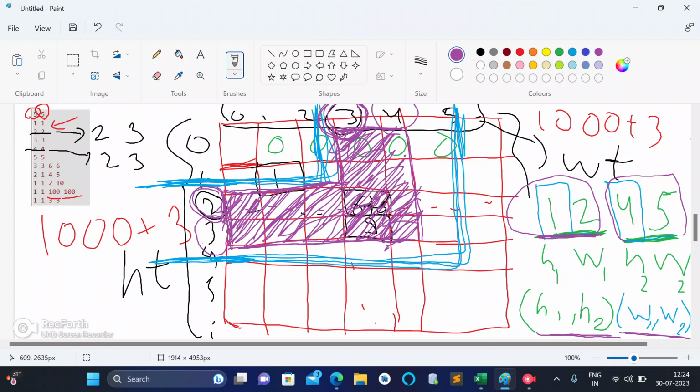Why? Because this shaded area contains the blocks having value zero and some values greater than 0. It contains the blocks having value 0. Why? Because those rectangles are not present in the question. And it contains the blocks which are having value greater than 0. Why?